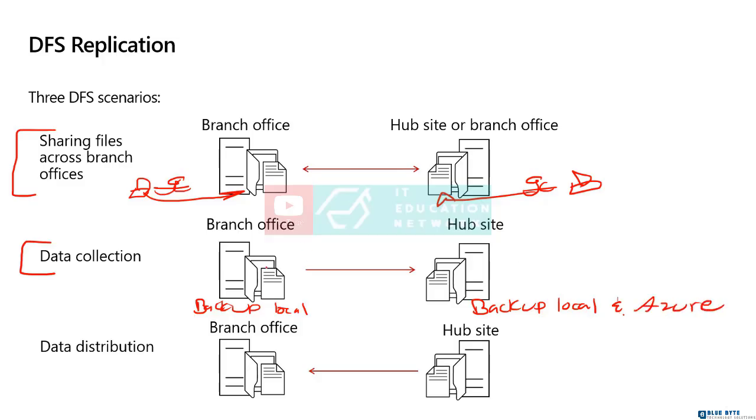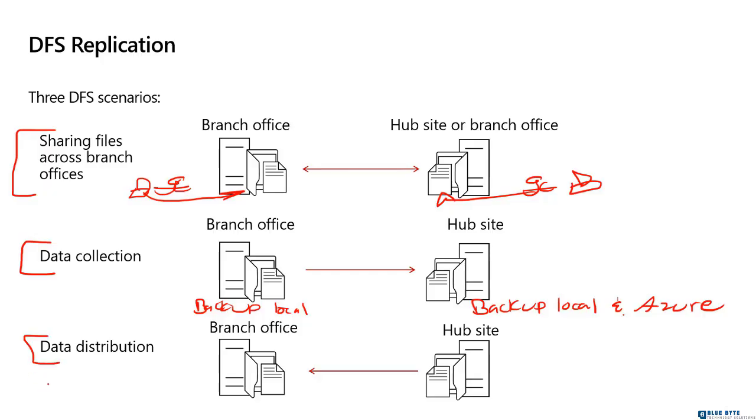So with this, I could have my branch office actually back up, and then I could have it send that backup to the hub site, and then it gets pushed out to the cloud. So whatever your purpose is, maybe you simply want users that update files here to then have those files replicated to the hub site. But whatever your reason, you could have that data collection just push this content from one site to another.